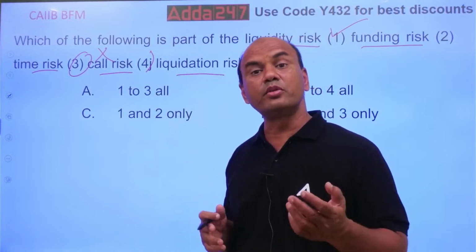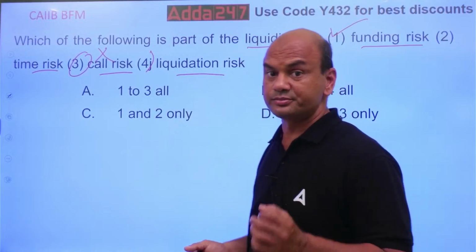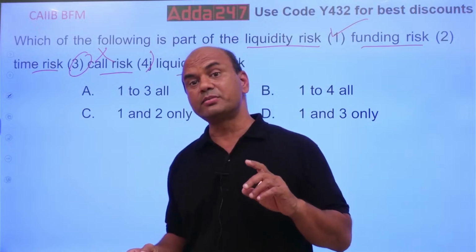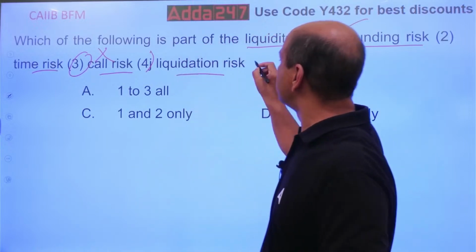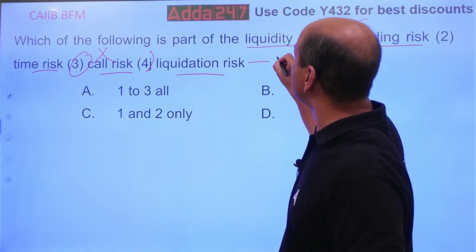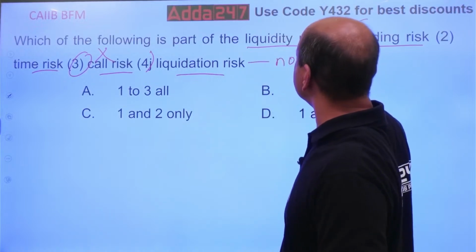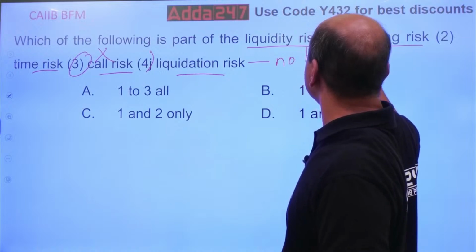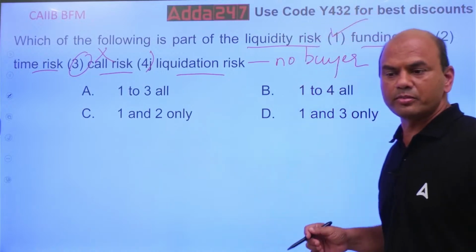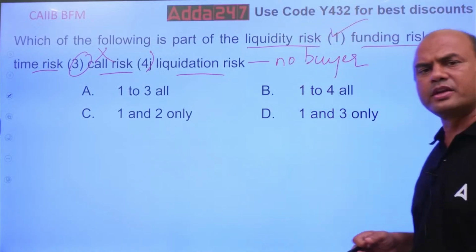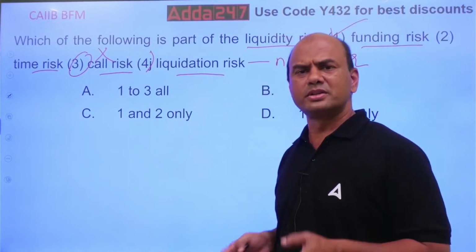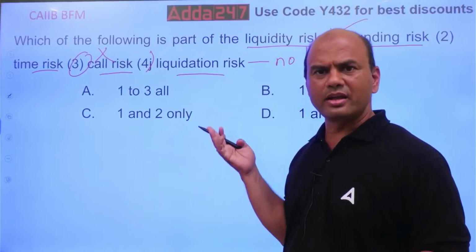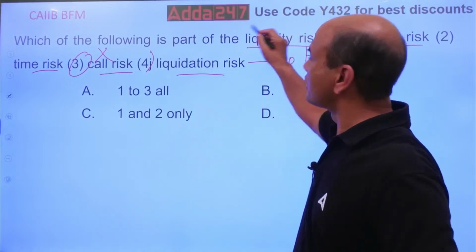Similarly, last one, liquidation. Liquidation means what? I am not able to sell the bonds. Now understand the concept of liquidity versus liquidation. Liquidation means I am not able to sell the bond. No buyer. Keep it very simple. No buyer for my bond. If there is no buyer for my bond, then why have I purchased that bond? Simple. I am in trading. I am following liquidity, means short term.